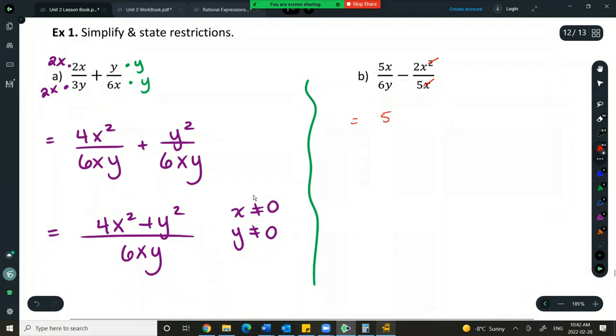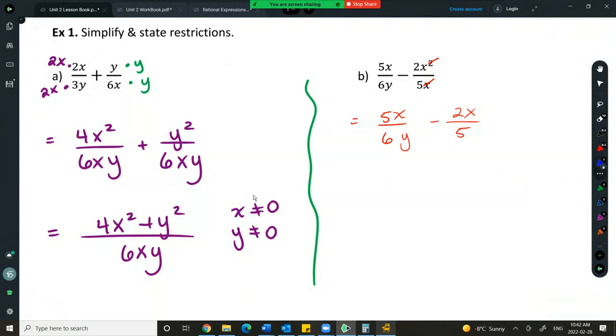We're left with 5x over 6y minus 2x over 5. That's going to make finding a common denominator easier. It will also mean that I don't have to common factor and reduce at the end. If I had forgotten to do that, I would have had to common factor and reduce at the end.